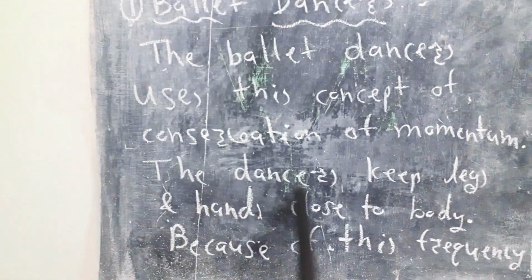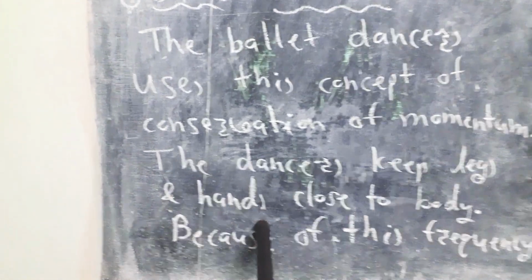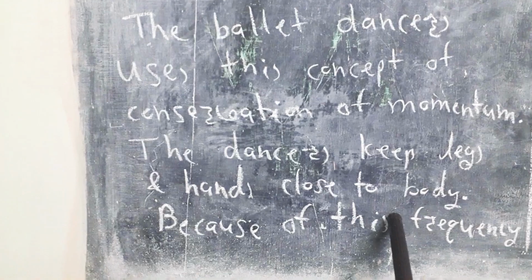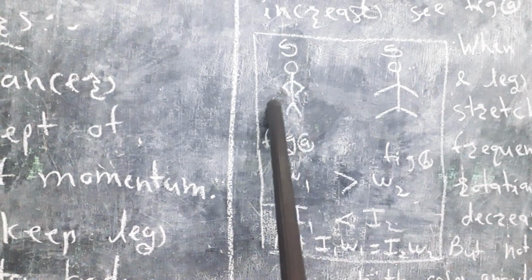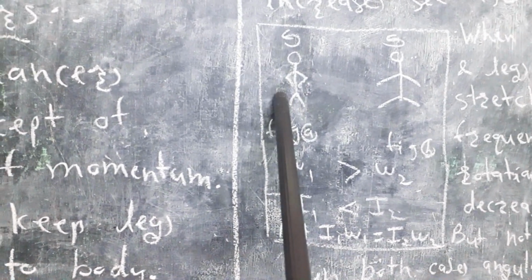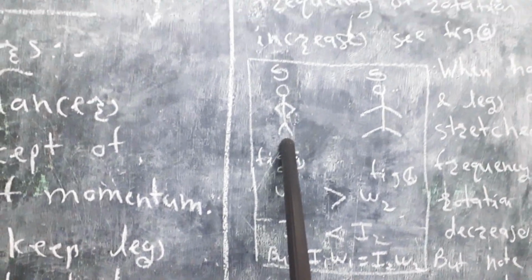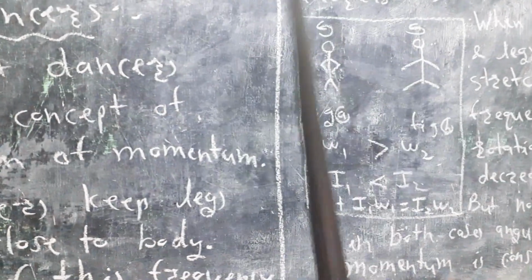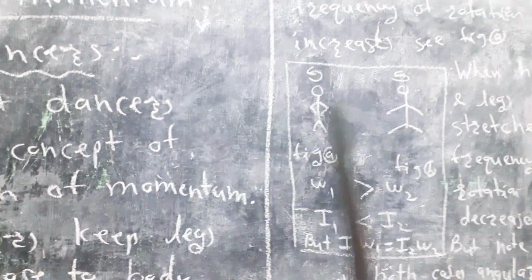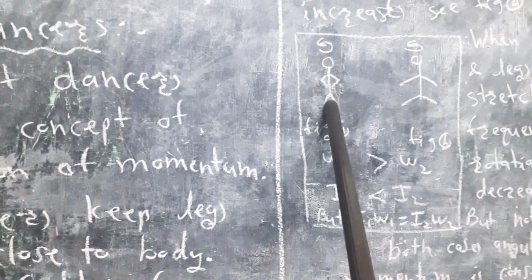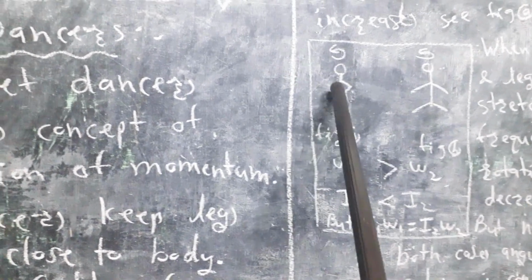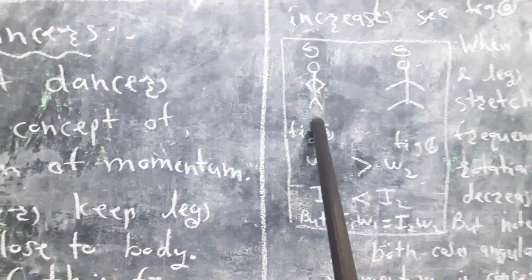The dancers keep legs and hands close to the body, and because of this the frequency of rotation increases. When hands and legs are close to the body, as in figure A, the frequency of rotation of the body increases. In this case, particles of the body are close to the axis of rotation.